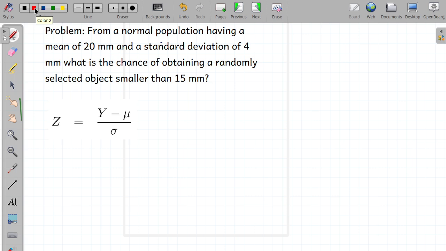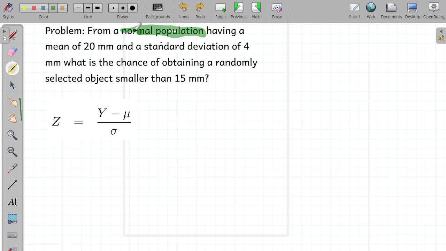We are told we have a normal population of objects being produced. Now, the key thing is that I've said the population is normal. This is important, because if you're not told that the population is normal, you've got no business using the Z formula until we get to another point in the course where we have some criteria to check these things.